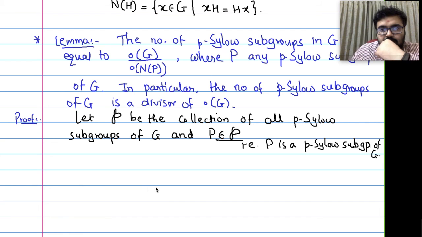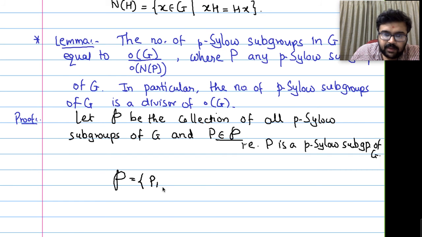Since we have seen any two p-Sylow subgroups are conjugate, the elements of 𝒫 are all p-Sylow subgroups. So we have P, then some P1, P2 and so on, but they are conjugates of each other. Any two p-Sylow subgroups are conjugate. So P1 I can write as xPx^{-1}.